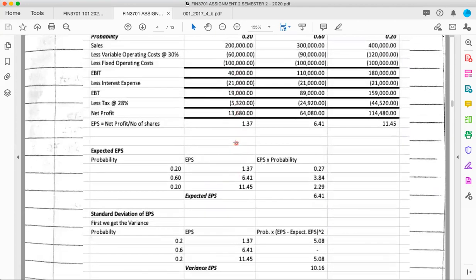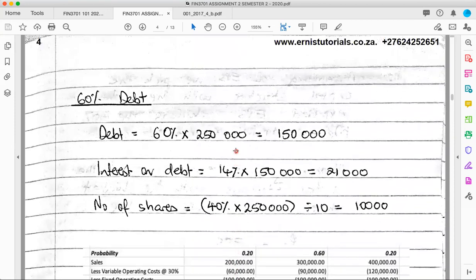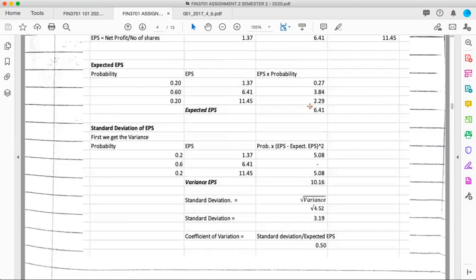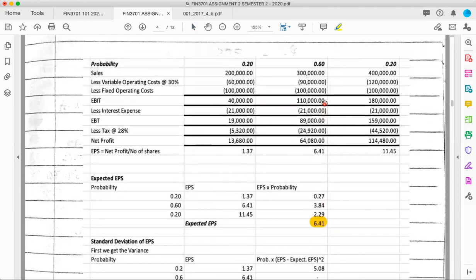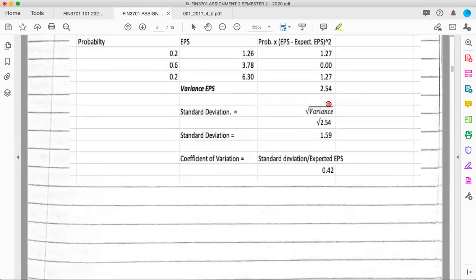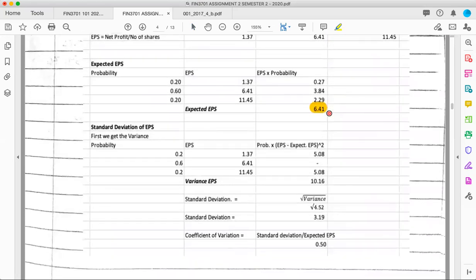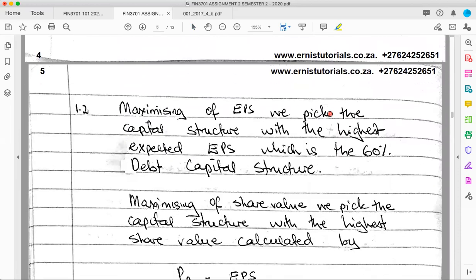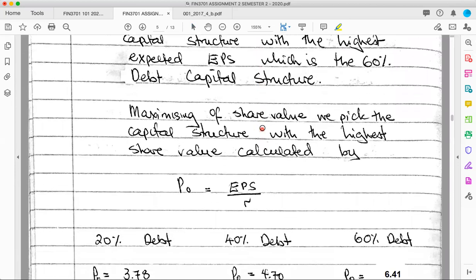And from the values that we calculated, we can clearly see that the 60% debt ratio capital structure gives us the highest expected earnings per share of 6.41, right? The other capital structures, for example, the 40% debt ratio gives us 4.70, whereas the 20% debt ratio just gives us 3.78. So in this case, we pick the 60% debt ratio, which gives us 6.41 if we're maximizing EPS, because that's the highest EPS from the capital structures.